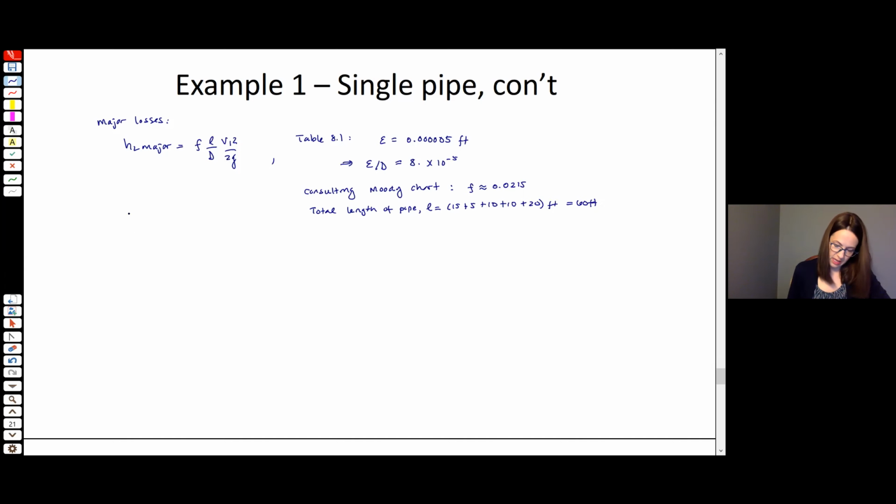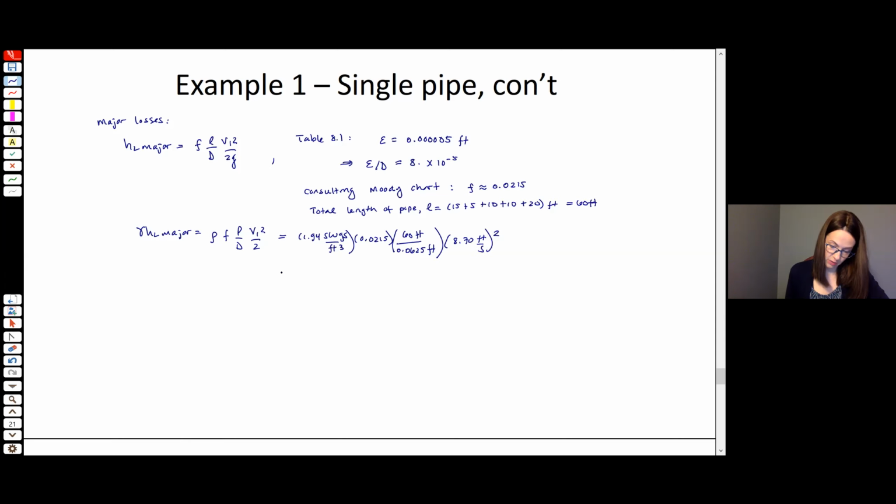So gamma times our major head loss is equal to rho f L over D V1 squared over 2, which is equal to 1.94 slugs per cubic feet times 0.0215, that's our friction factor, times 60 feet over 0.0625 feet times 8.7 feet per second squared.